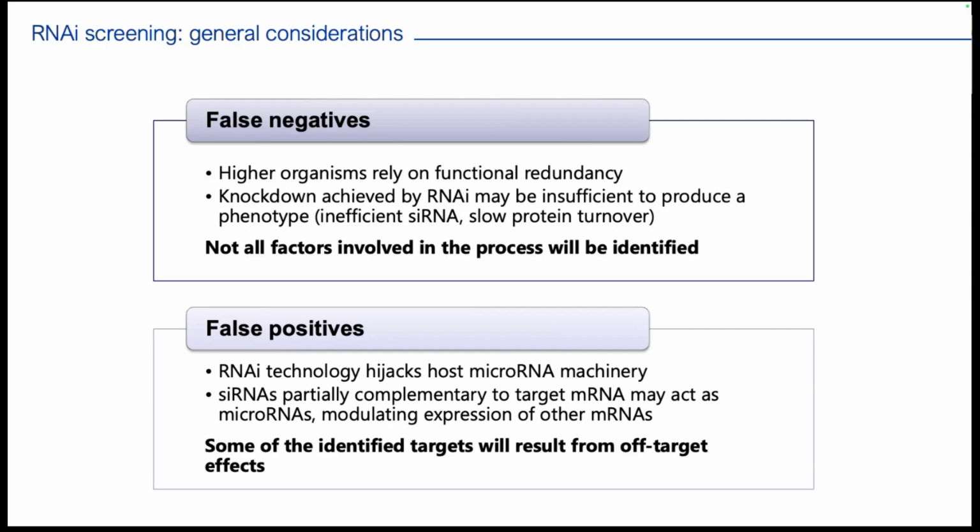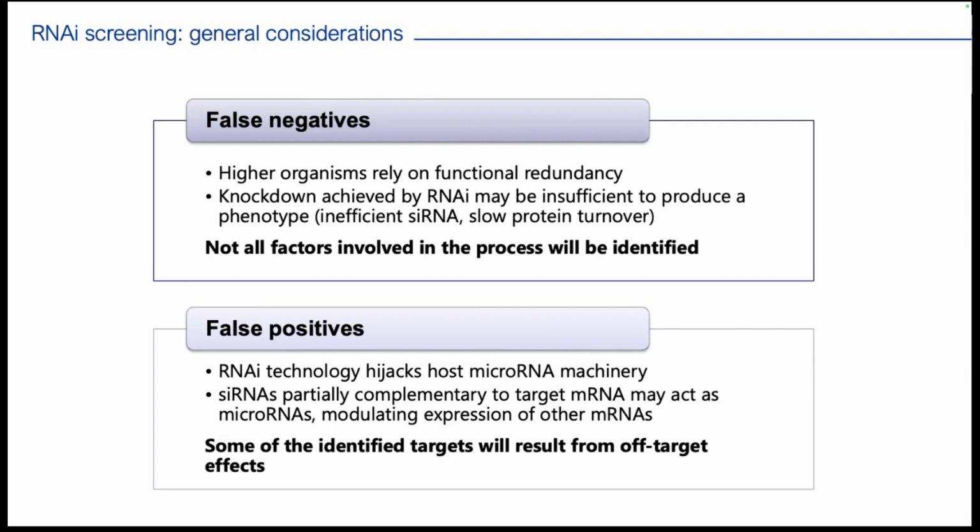Okay? Then we have the other side of the coin, which are the false positives. And here, false positives are mostly due to the fact that RNA interference hijacks the microRNA machinery, right? An sRNA has been designed to be fully complementary to the target to induce the cleavage. But while doing so, it will also be partially complementary to other sequences.